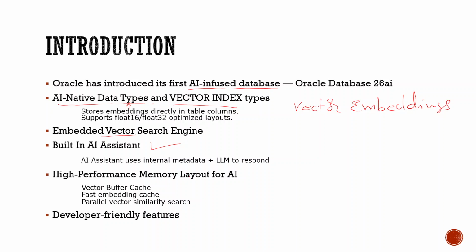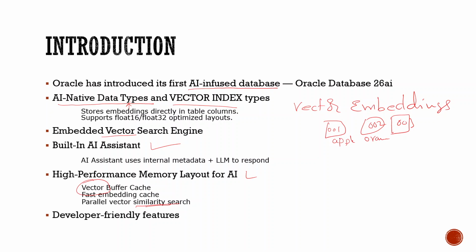There is a high performance memory layout for AI. Along with other buffer caches, it introduced a vector buffer, a fast embedding cache, and parallel vector similarity search. This similarity search works like this: let's say you have these chunks with 001, 002, or 003, and you are searching between apple and orange.